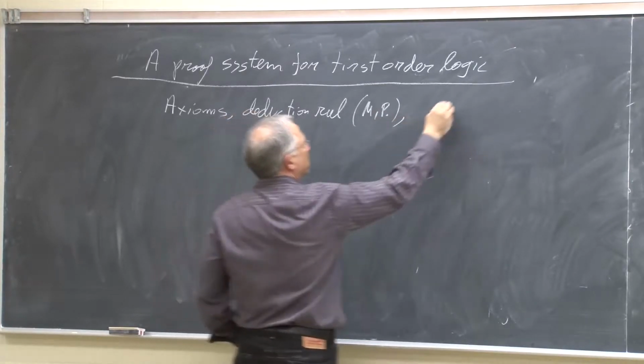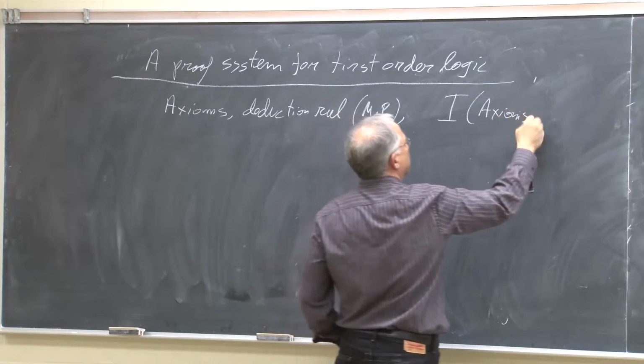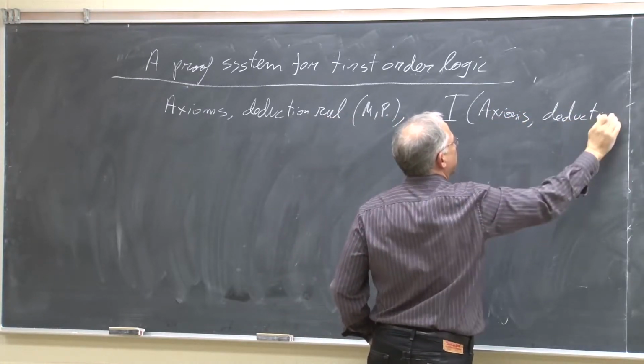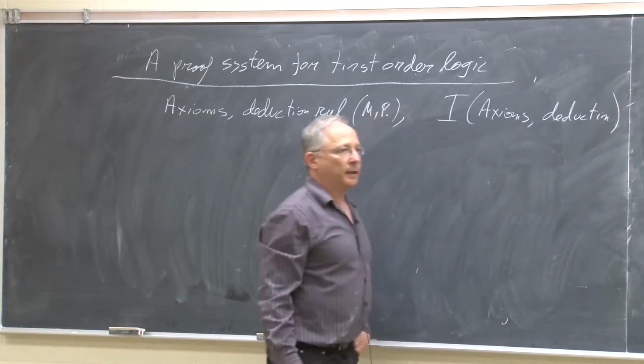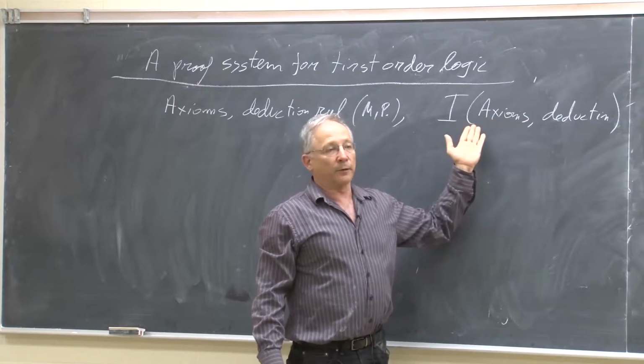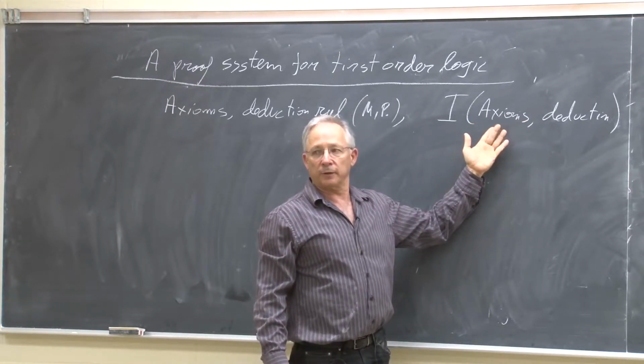And then we are going to look at the inductive closure of axioms under deduction, just like we did in propositional logic. A proof is whatever is a generating sequence in this inductive structure.